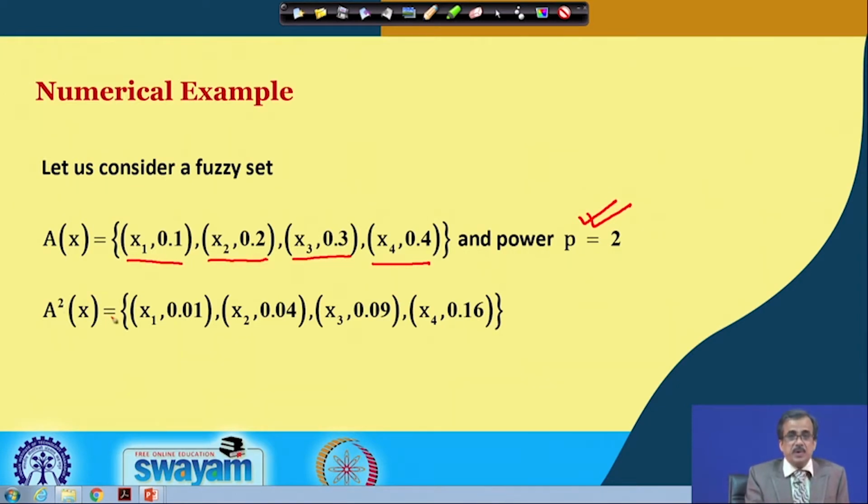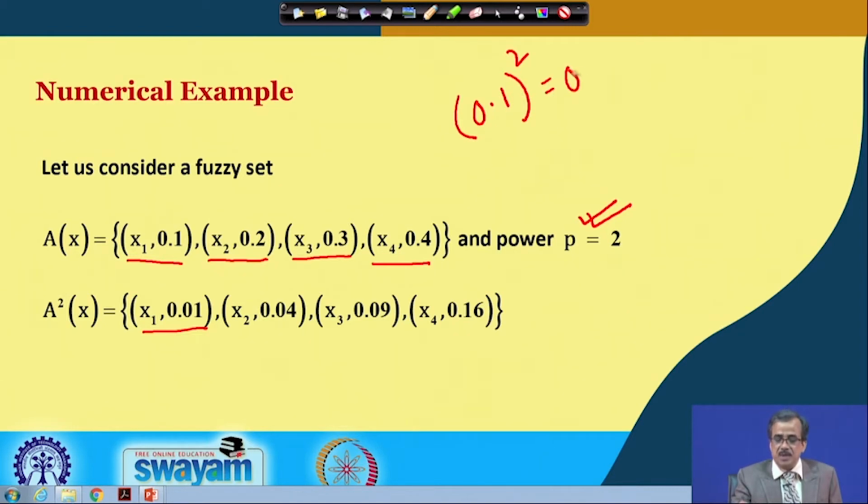Now, this A^2(x) is nothing but, corresponding to x1, you will have to find out 0.1 raised to the power 2, the square of that, and that is nothing but 0.01. So, corresponding to x1 we write down 0.01. Similarly, corresponding to x2, you write 0.2 squared, that is nothing but 0.04.